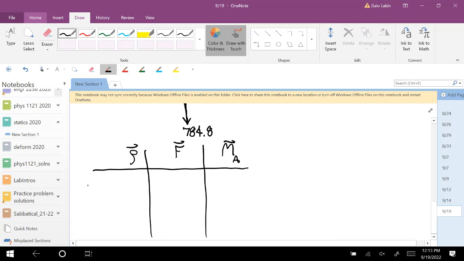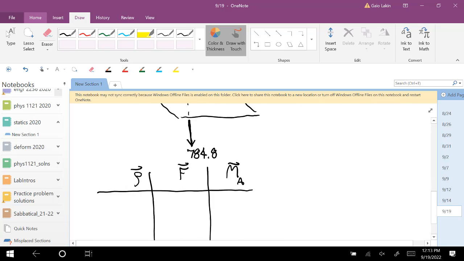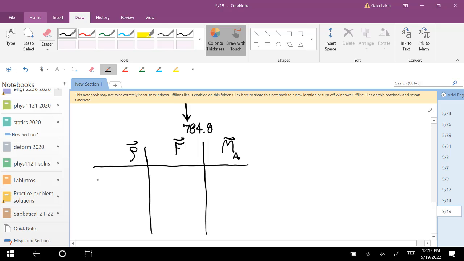So I'll start with the force RA. What's the about point? Yep, zeros.